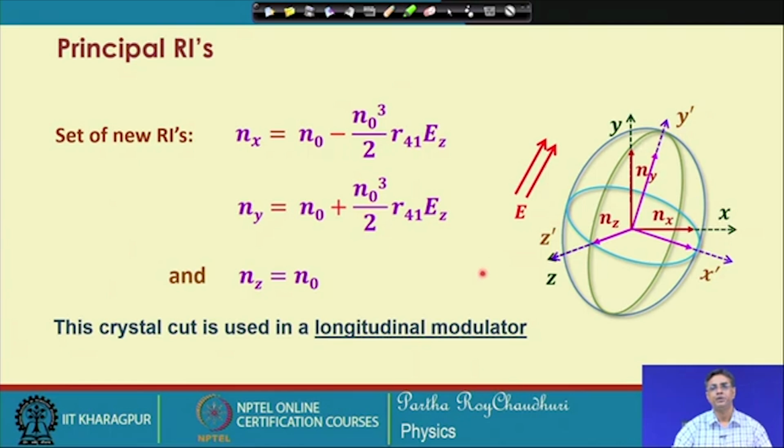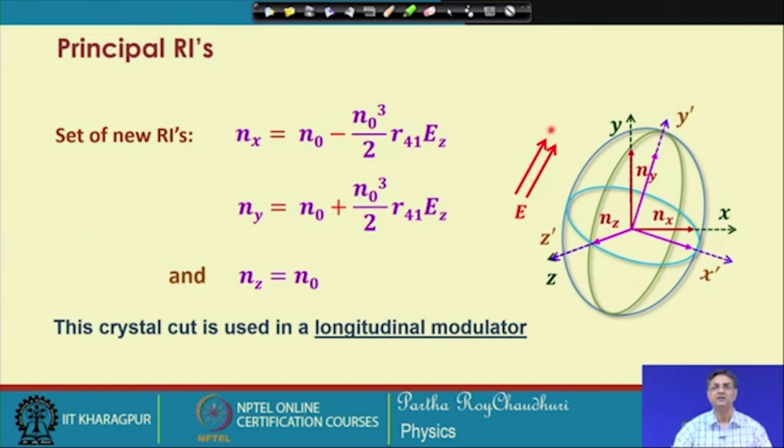So, if you apply an electric field along this direction, and you inject a light to travel through the medium in this direction itself, then this light, which has two orthogonal polarizations, will experience two different refractive indices along x and y when the electric field is there.